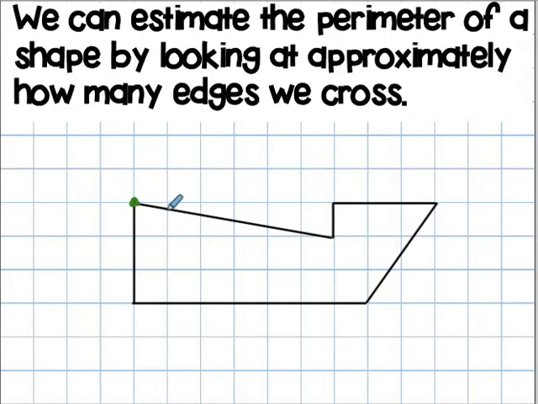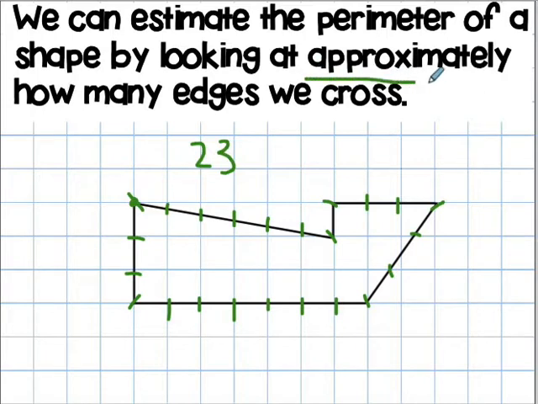We're going to cross 1 line, 2, 3, 4, 5, and so on, up to 23. So when we go from beginning all the way around, we get approximately 23 edges. So we would say that our perimeter is approximately 23.